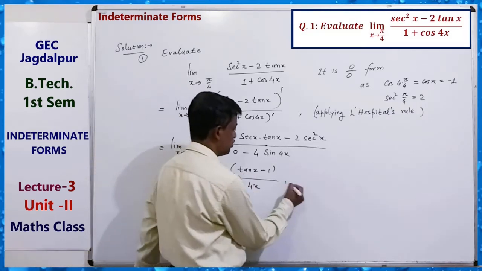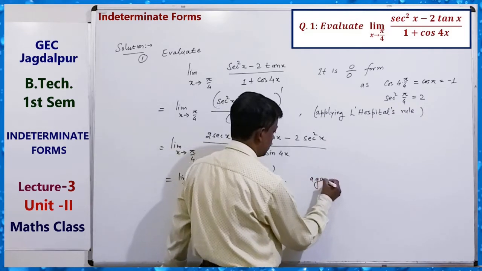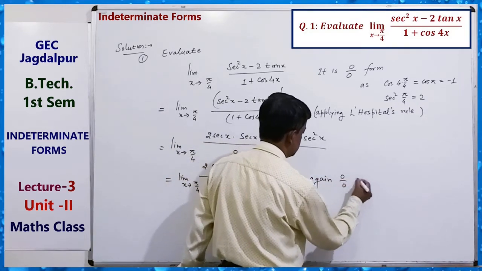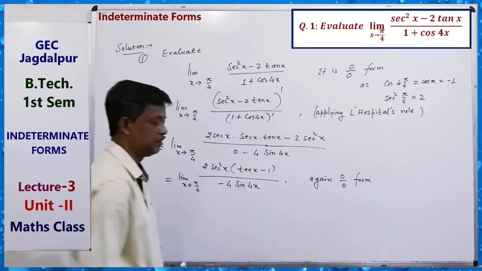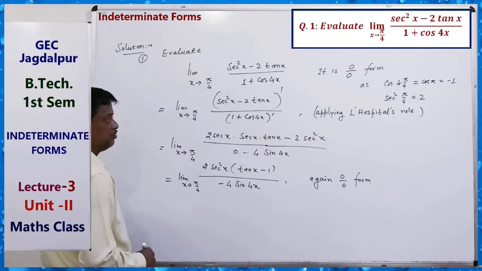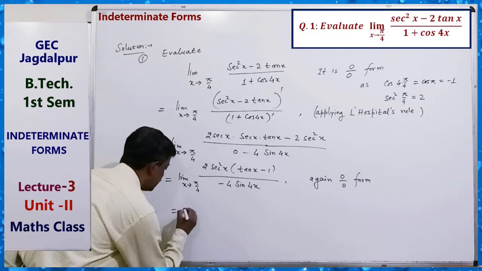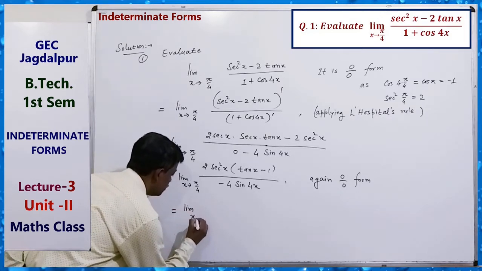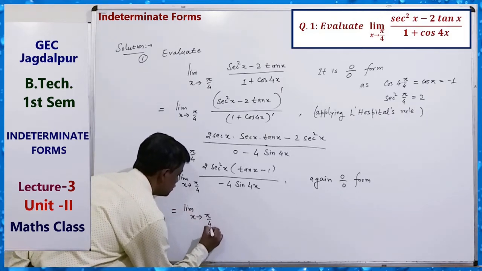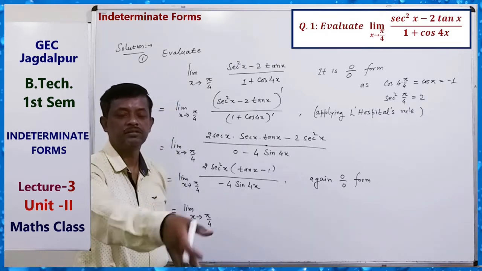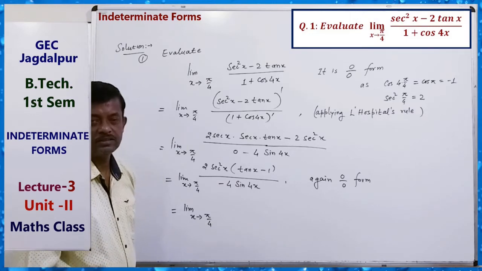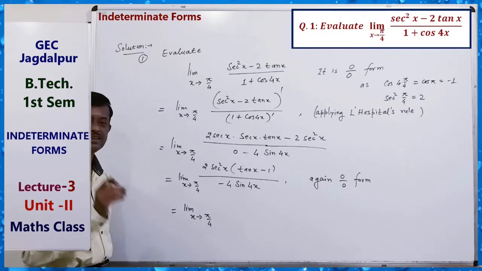Again 0 by 0 form. So again apply L'Hospital rule. Just we can apply L'Hospital rule up to that desired step for getting a determinate form.